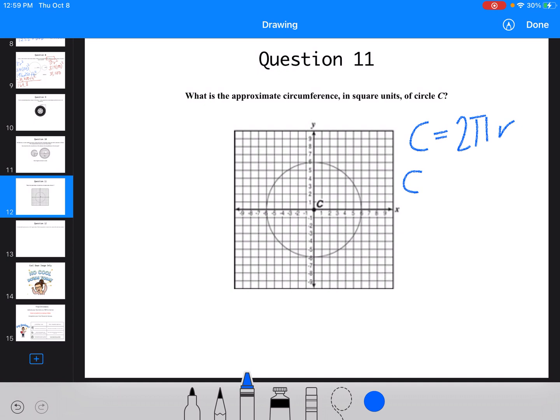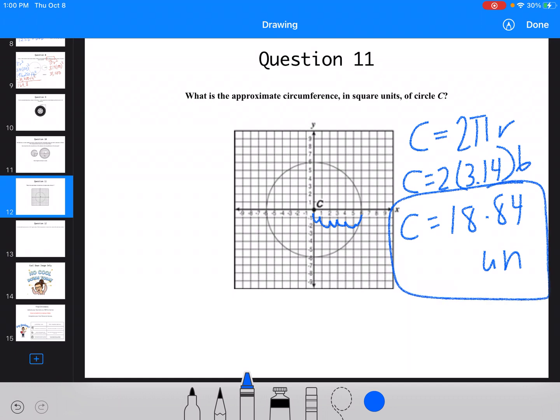And I've got C equals 2 times 3.14, and then the radius, counting 1, 2, 3, 4, 5, 6. So I end up with 3.14 times 6. And I get the circumference is 18.84, and that would be units.